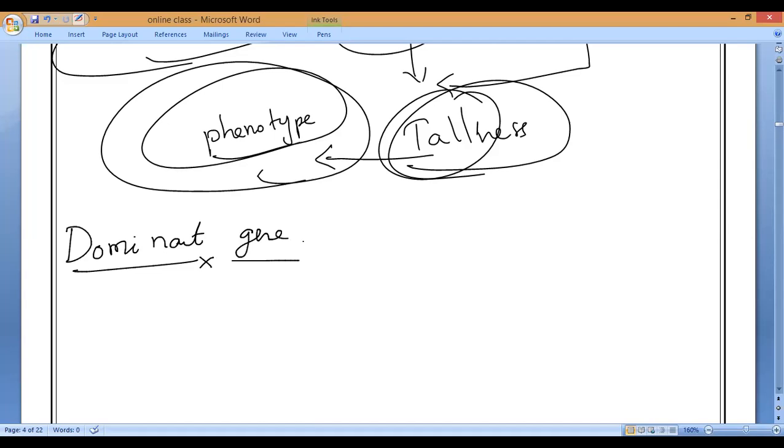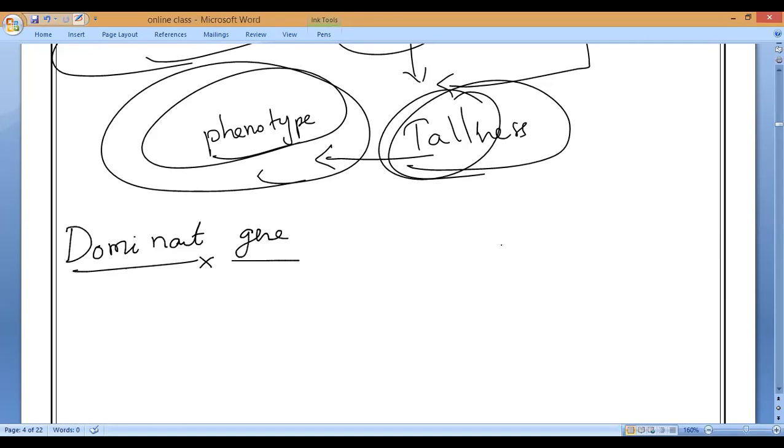So now you tell me, is there any importance for the alternative gene in the case of a dominant gene? There is no importance for the alternative gene. The dominant gene itself will decide the characteristics or appearance of an organism. That is what is called a dominant gene.